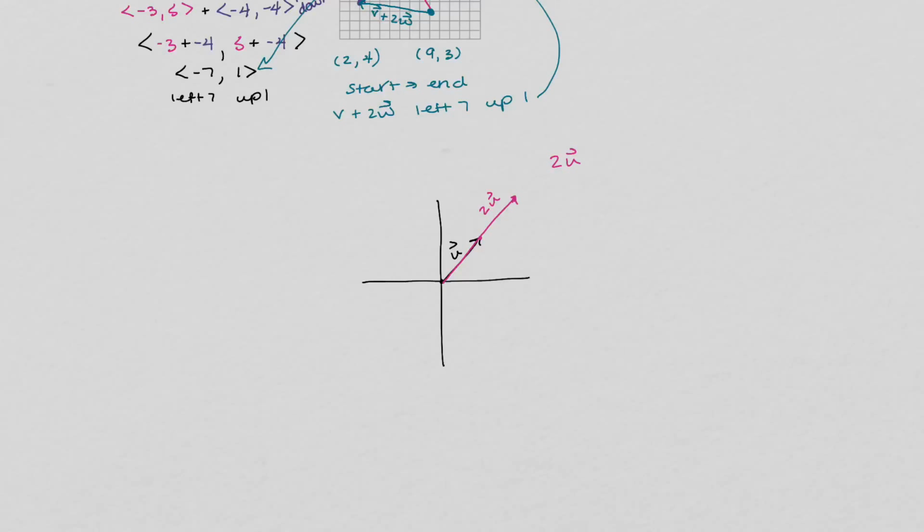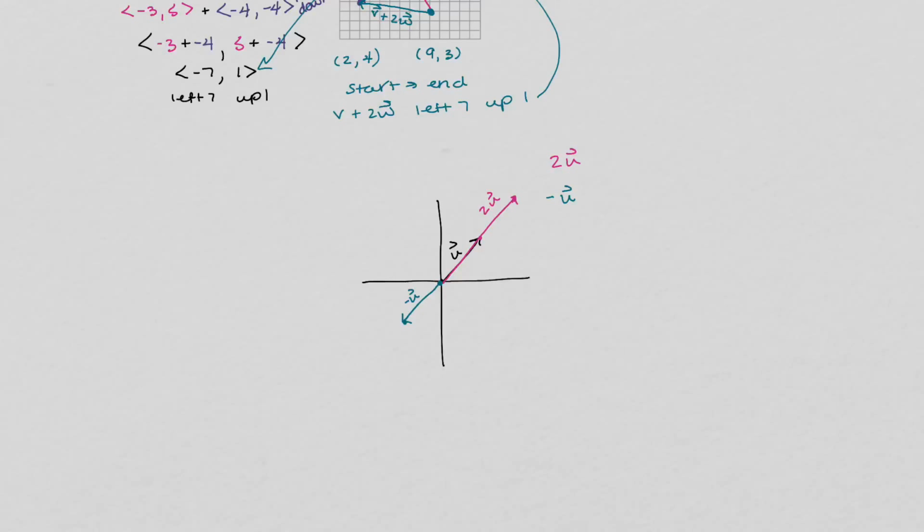If I wanted to have negative u, what we do is we take that and we make both our x's and our y's negative, and so that means that this vector ends up, and again we're just estimating, down here in the third quadrant. This is negative u right there, because I took both the x values and the y values and made them negative.